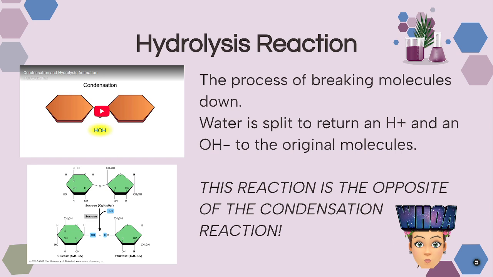All I have to do is take that sucrose molecule and add back the water that was removed previously. If I add that hydrogen and that OH, the water, back into each of the original constituents, I get the original glucose and fructose in their normal forms.